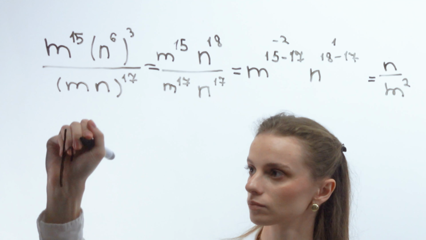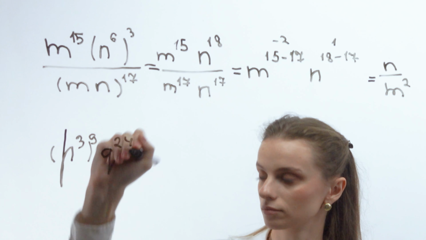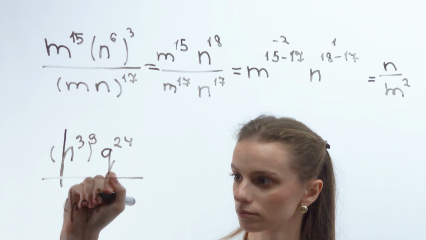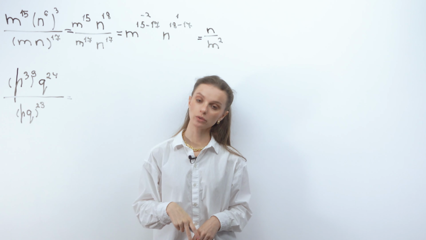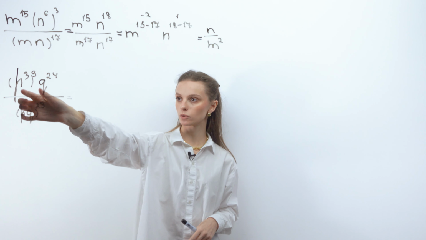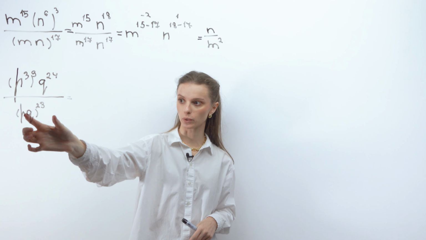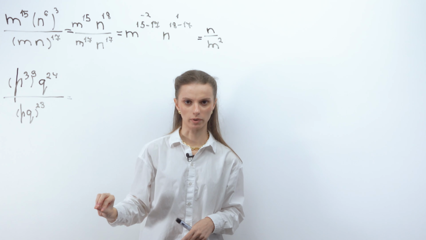In this example, I have p to the 3rd power all to the 9th power, q to the 24th, over p q to the 23rd power. I'm going to follow the same steps. I am going to open these parentheses, then distribute whatever is here, and then I will subtract. But let's just open parentheses first.